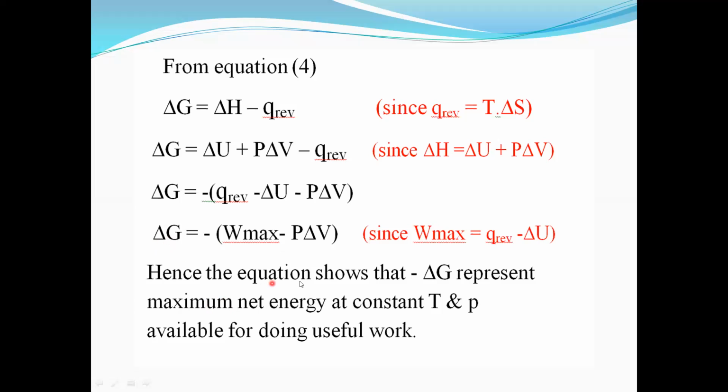Hence the equation shows that minus delta G represents the maximum net energy at constant temperature and pressure available for doing useful work.